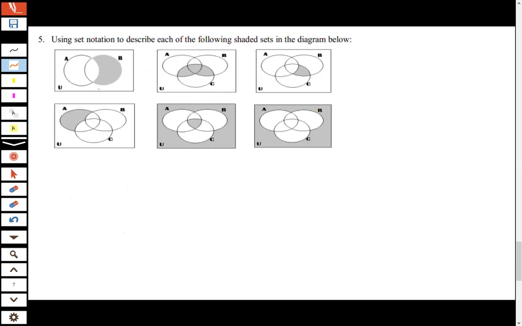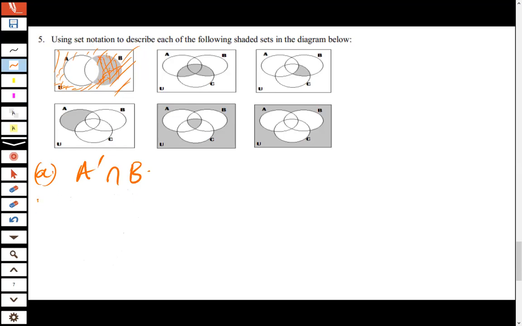The first one, just by looking at it, is A complement, which is simply what is outside A. When we intersect A complement with B, B is simply this part, and we get that shaded region. So part A is simply A complement intersection B.